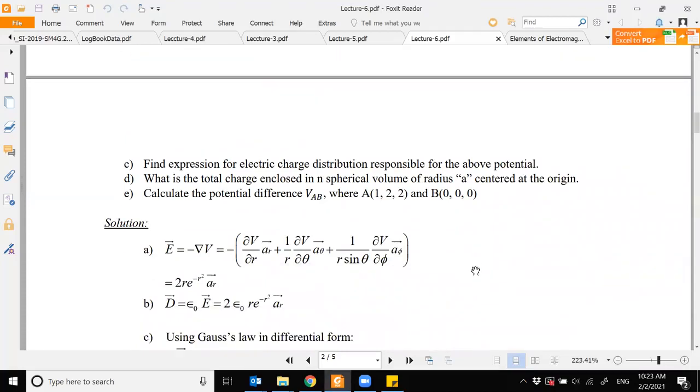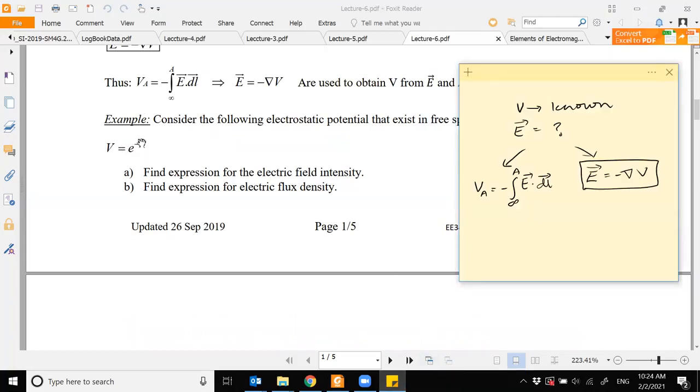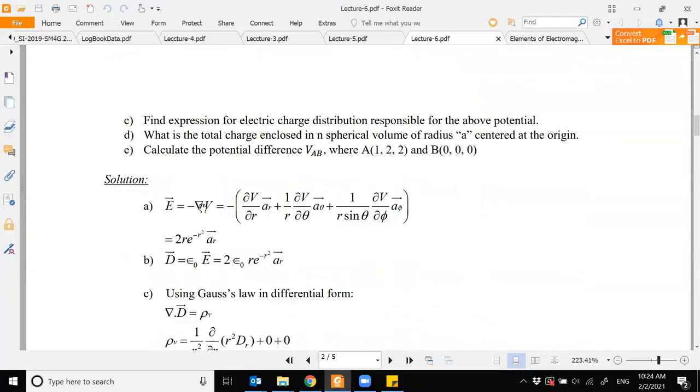Because now we are in spherical coordinates, right? When I look at the potential, I can easily figure out that the potential is given in spherical coordinates. It's a function of R. So my del operator that I should use to find the electric field will be in spherical coordinates. So it should be minus dV/dR a_R plus 1 over R dV/d theta a_theta plus this one.